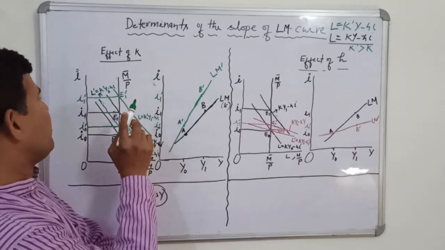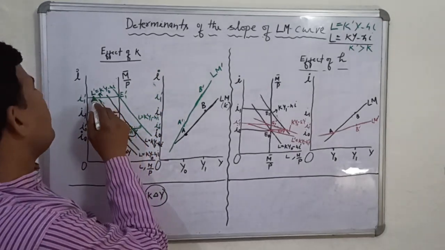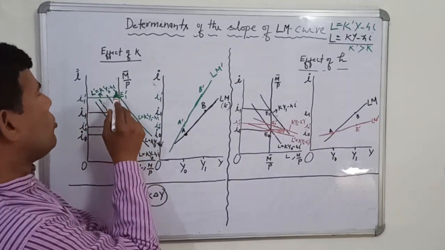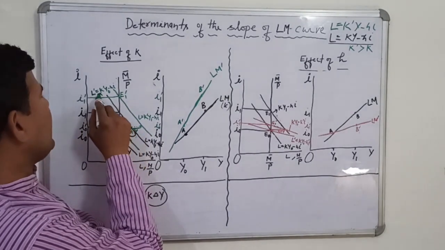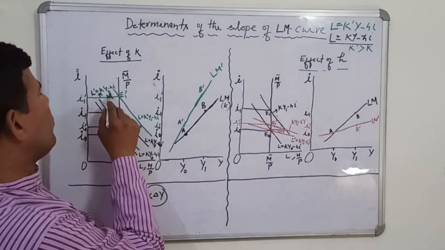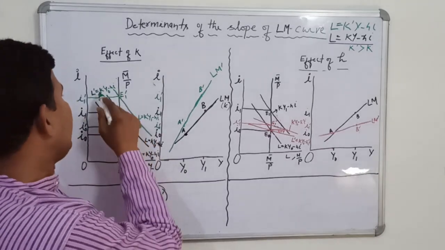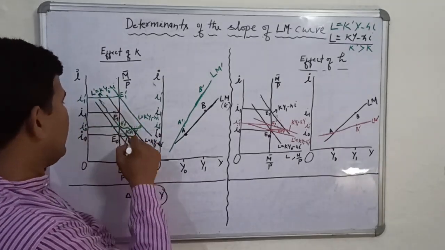So L prime is the new money demand function, or new money demand line, which is equal to K prime Y0 minus HI.